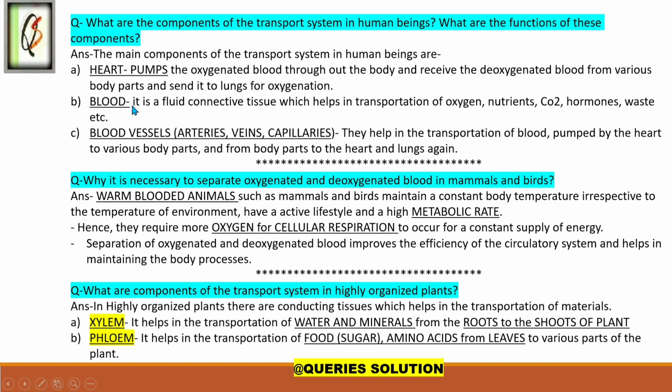Secondly, the transport system also includes your fluid, which is blood. So we do know what blood is. It is a fluid connective tissue, right? I hope you guys know blood is a tissue in the body.